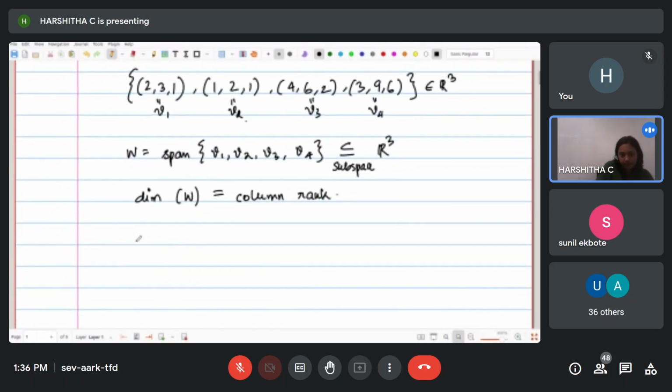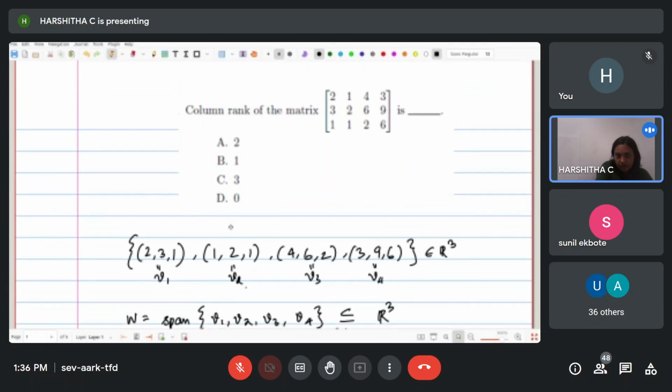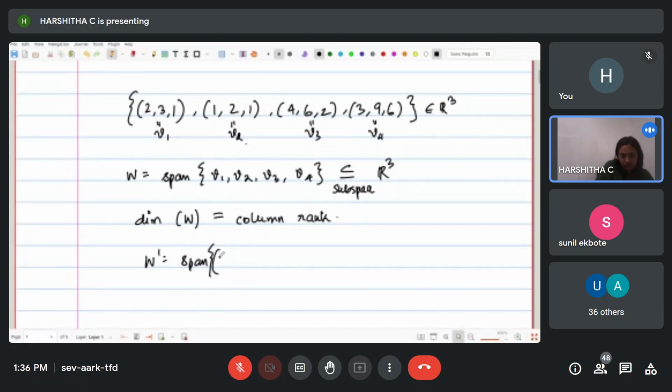So we call W prime the span of the rows: 2, 1, 4, 3; 3, 2, 6, 9; 1, 1, 2, 6. This is a subspace of R4, and whatever is its dimension, that is called the row rank.